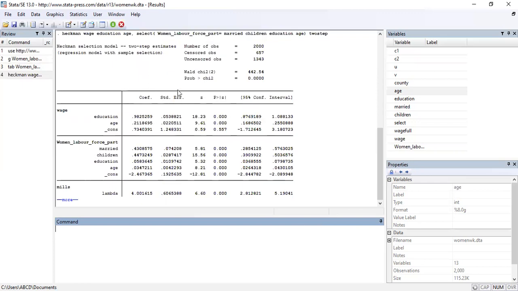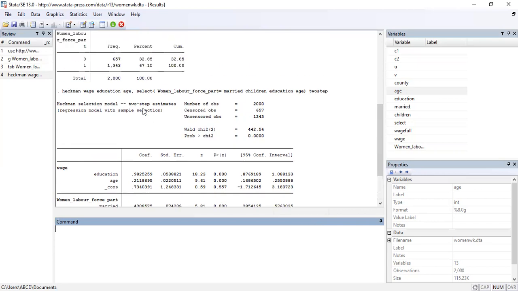Here, the number of observations is 2000 and censored observations is 657. Uncensored observations is 1343.